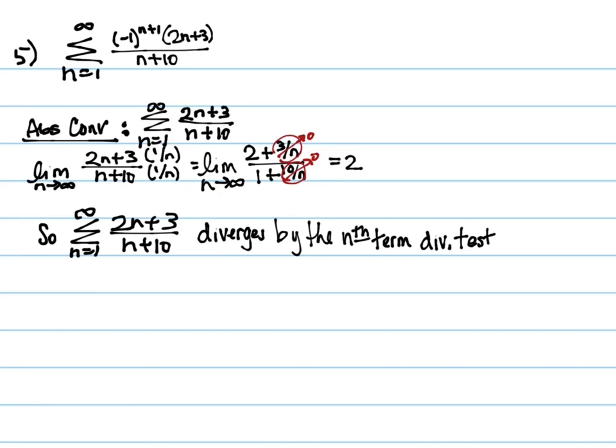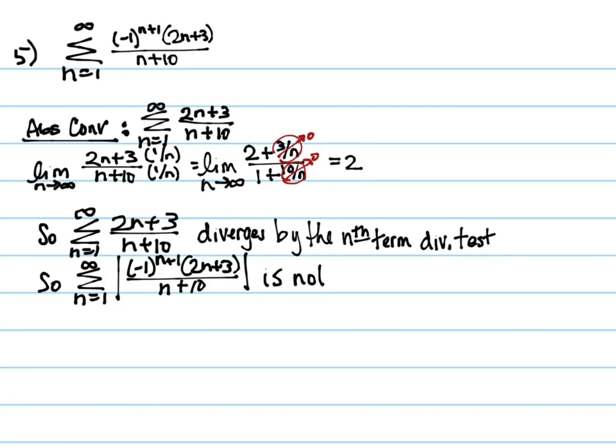Okay, so what that actually tells us is that the sum from n equal 1 to infinity of the absolute value of -1 to the n plus 1 times 2n plus 3 over n plus 10, as I look at this, I know that this is not absolutely convergent, because when I took absolute values, it didn't converge.